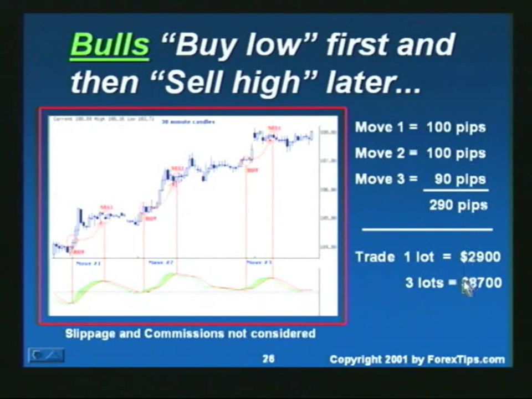Trading one currency lot, a $1,000 investment, controls one lot. This is bringing a return of approximately $2,900. Times that by 3, you have a return of $8,700. Times it by 10, you have a return of $29,000. So currency is not only very liquid and highly leveraged, it can also be very profitable.